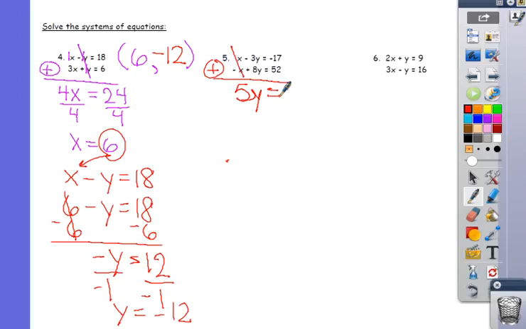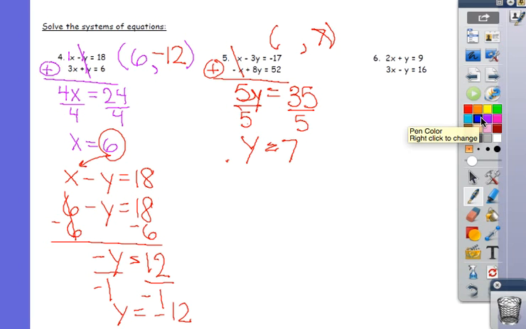Negative 17 plus 52, 35. Divide by 5. y equals 7. Okay, so we set up our ordered pair, put the 7 where the y would go, and then we need to find x. You can pick either one of these equations. I'm going to go ahead and start with the top. So x minus 3, instead of y, I'm going to plug in my 7, equals negative 17.